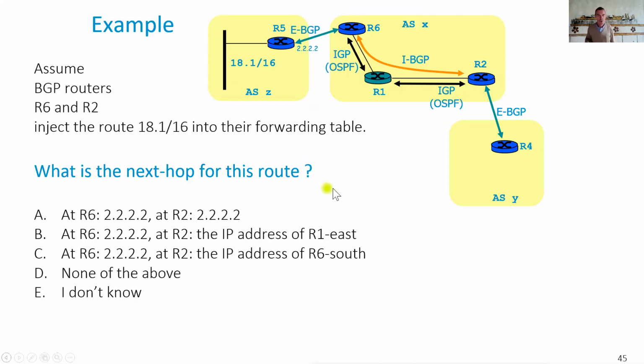Now, when you do this, what is the next hop? So this is a little poll. What kind of next hop would you choose here, in this case, at router R6? So I'm zooming on this router here. Will you choose R6 and R2, sorry?